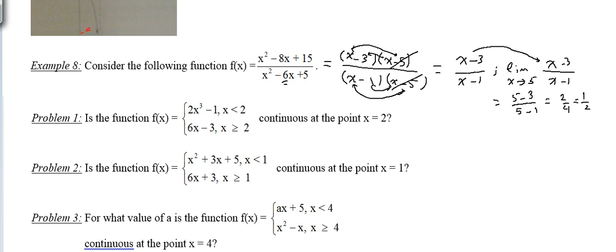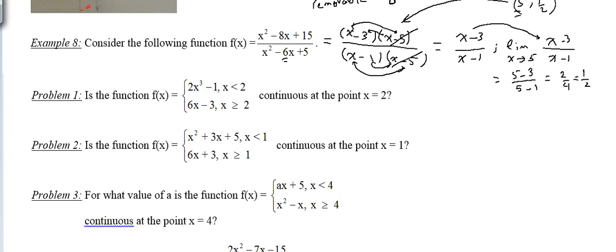So in the original function before we simplified x minus 5, we have a hollow point at abscissa 5 and ordinate half. So it's not continuous, it's discontinuous. And what do we call it? Removable discontinuity. We remove this point of abscissa 5 and ordinate half.